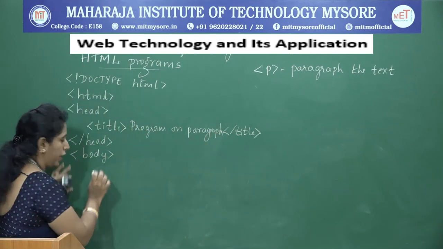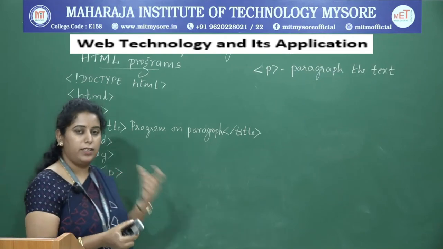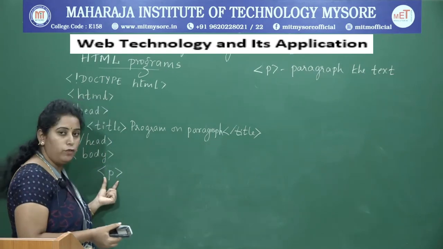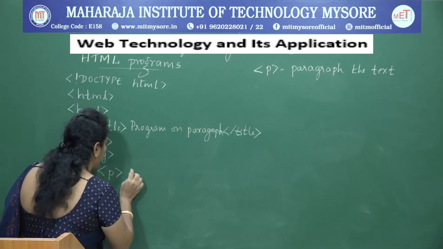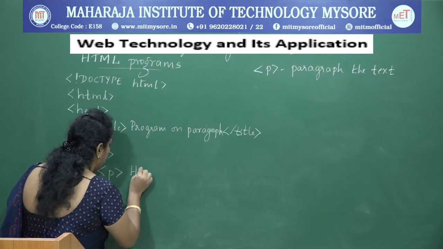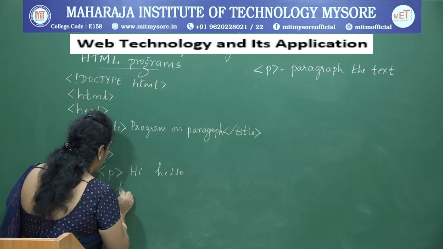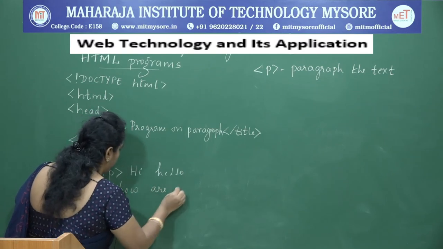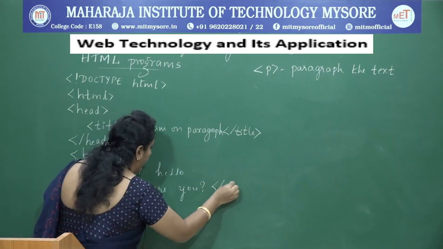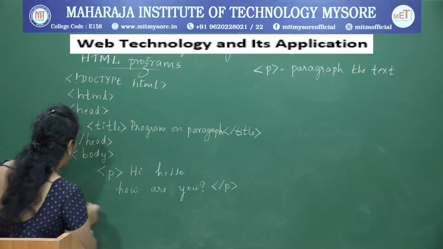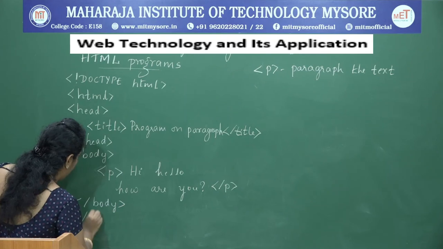In the body, if you want to frame text as a paragraph, you have to use the P tag. I am going to print hi, hello, and in the next line, how are you? Then I end the P tag.